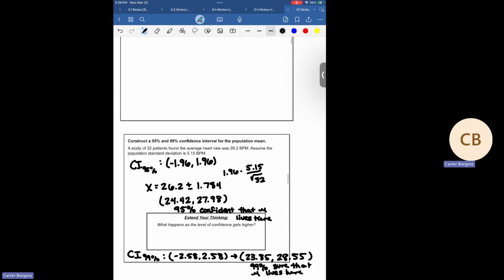No. So having extremely high confidence does not necessarily mean I have a particularly usable and accurate result. On the other hand, if I say I'm 50% sure that the value falls between this really narrow range, that's not a whole lot of confidence in my answer. It might be a very exact, extremely precise answer, but I'm not particularly sure that it is in fact reality.